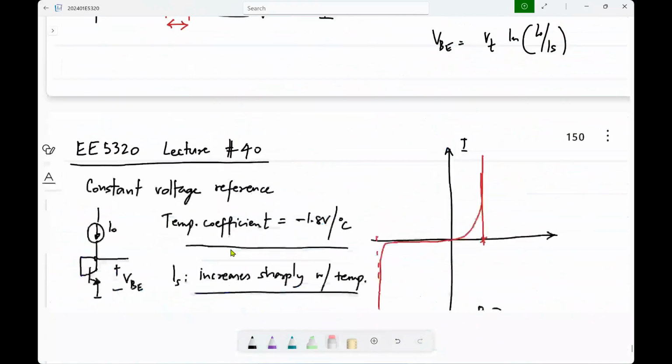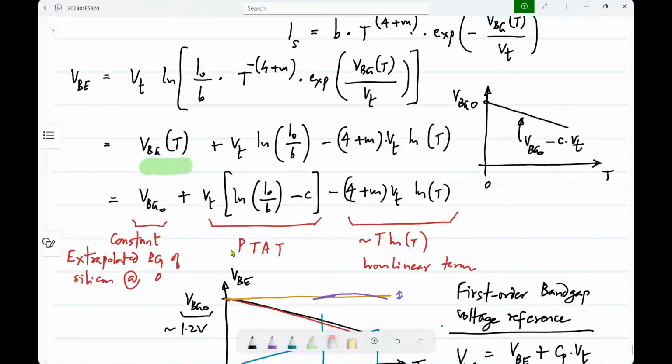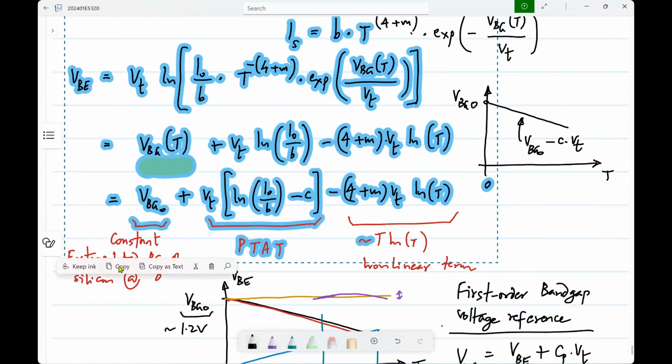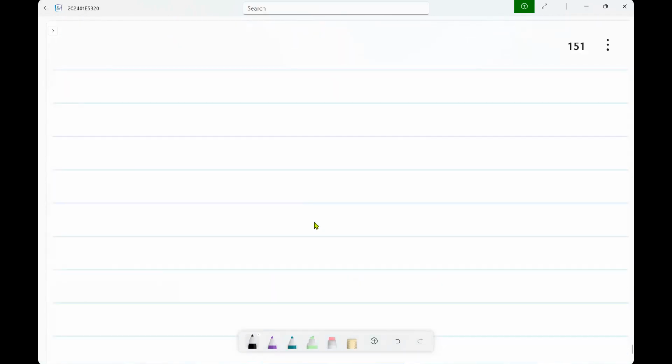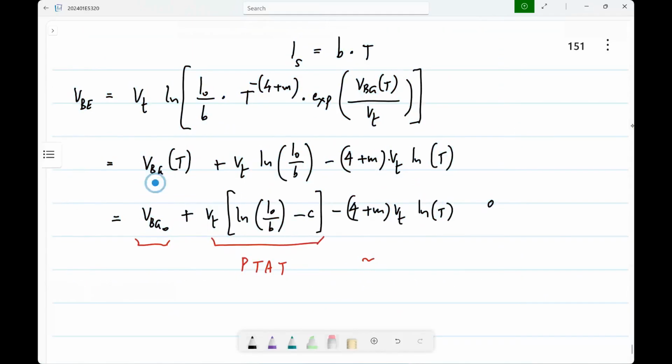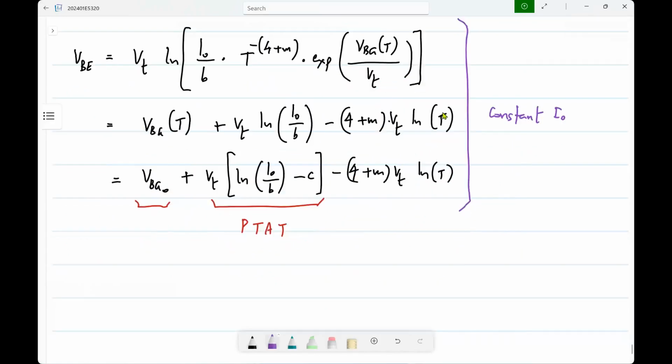So let me show only that part. So this is for constant I naught.